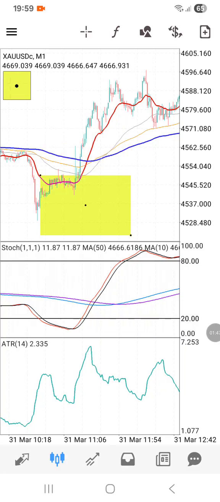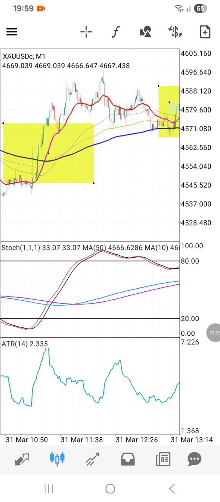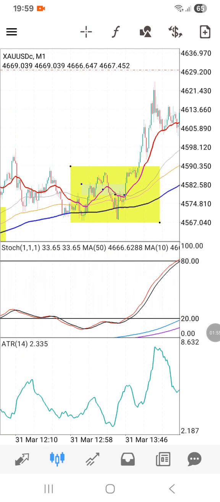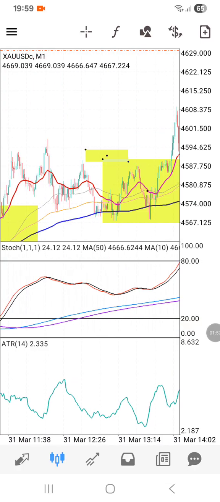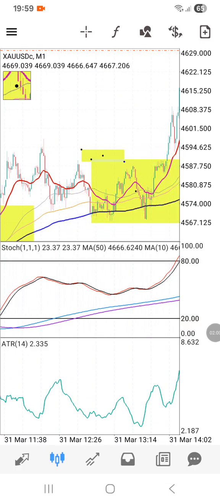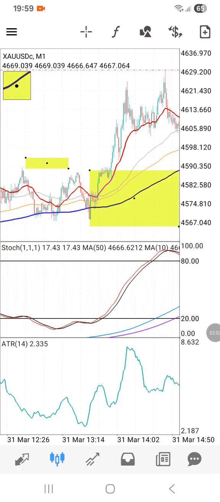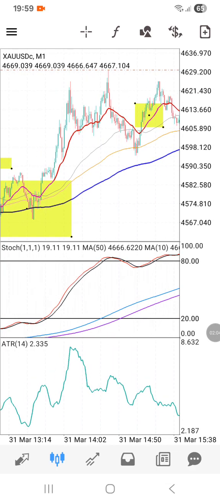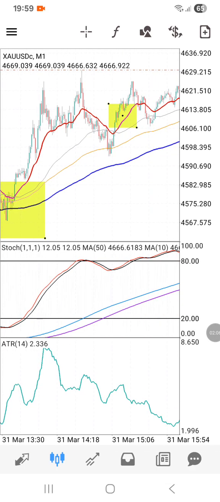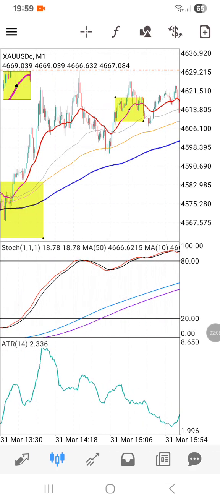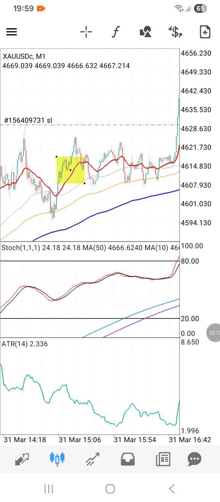After the crossover of the moving averages, like in a bullish setup that I have on the screen here, I'll allow a retest of price to that particular zone where you test the blue moving average. If that has happened, then I can enter my trade at any point in time to ride the trend.